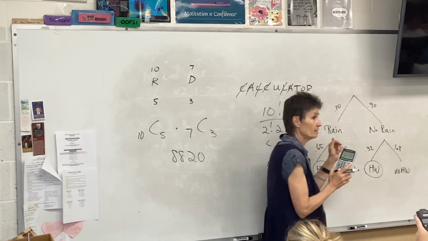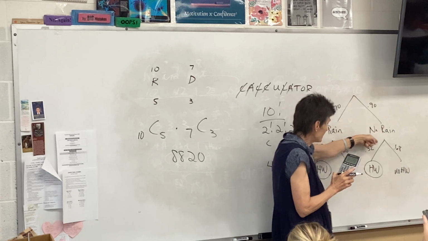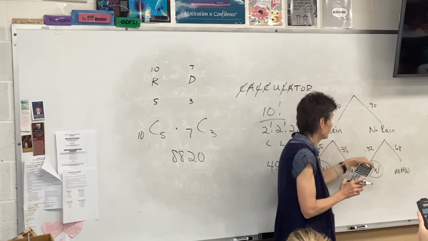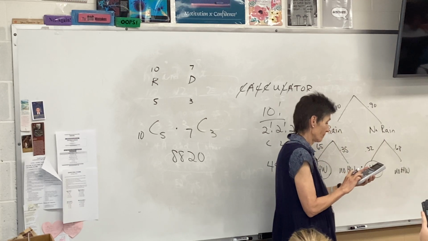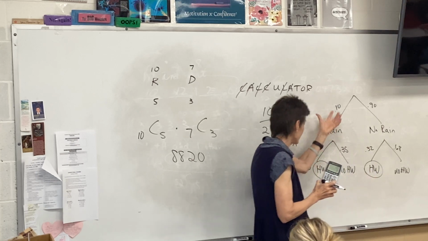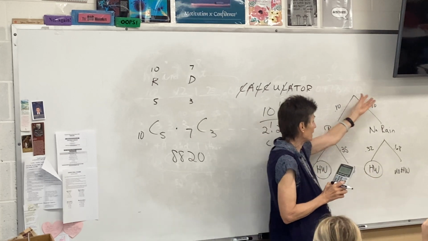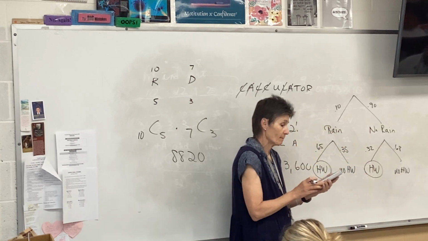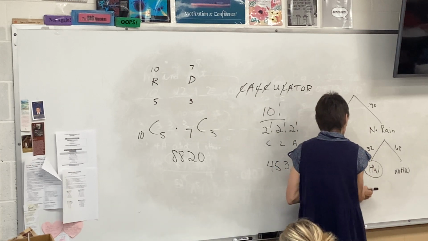And then not rain and homework, we multiply again. We got an answer when we multiply here, and an answer when we multiply here. What do we do with those two answers? Add them, and get 0.353.